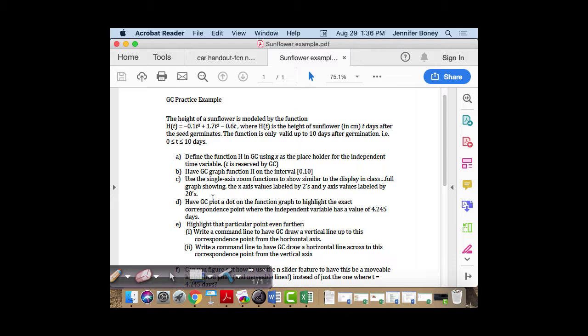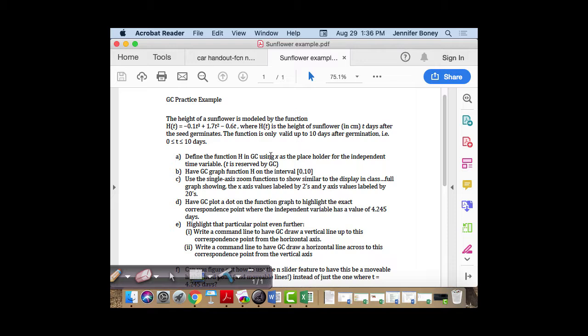The one thing I did want to talk about says define the function h in GC using x as the placeholder for the independent time variable. There are a few letters that if you try to type them, it'll either give you errors or start doing unexpected things. For instance, you can't use E as a variable because whenever you type E, it knows it as Euler's constant 2.718, etc. T is specifically reserved for GC doing graphs using parametric form.